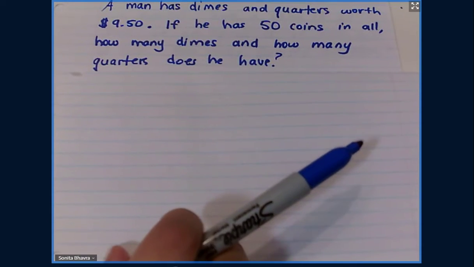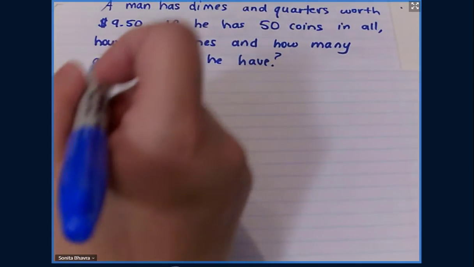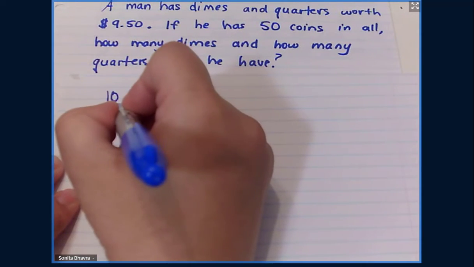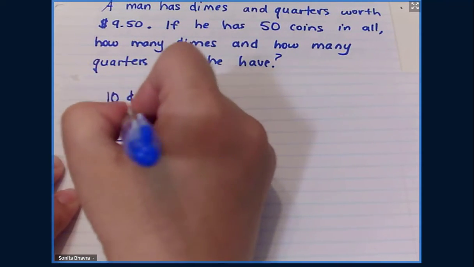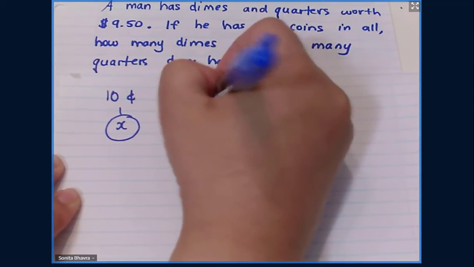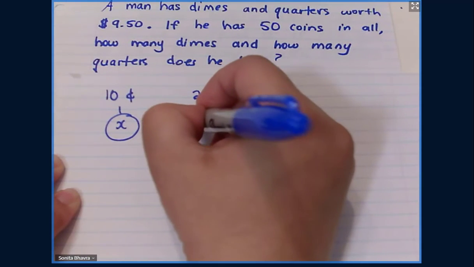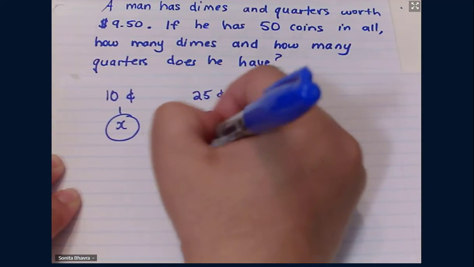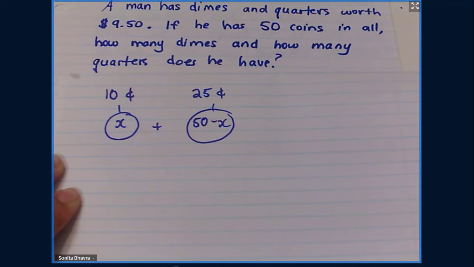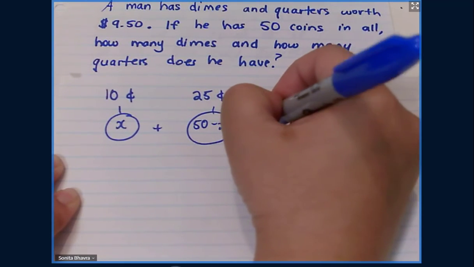So if you had set it up as 10 cents, and we called 10 cents X, and if you had called 25 cents 50 minus X, and then the total is equal to 950.